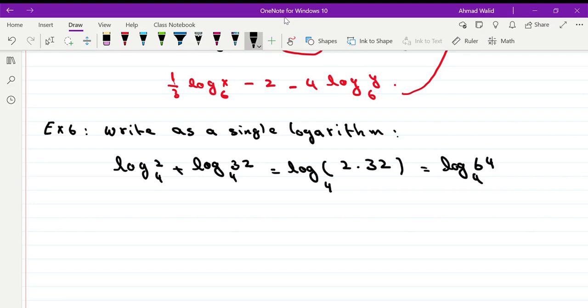But can I write 64 as a base of 4? Definitely yes. I will write log of 4 to the power of 3 base 4, which gives me 3. If you see rule number 2, I don't want to apply here the power rule again. If you have log of b base b to the power of x, your answer is x, right? That means here your answer is 3.